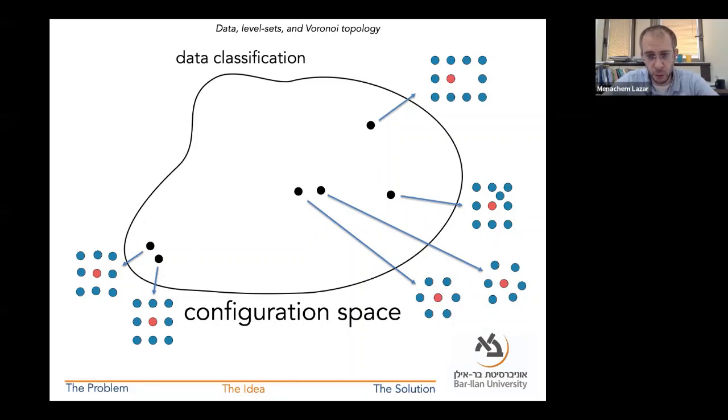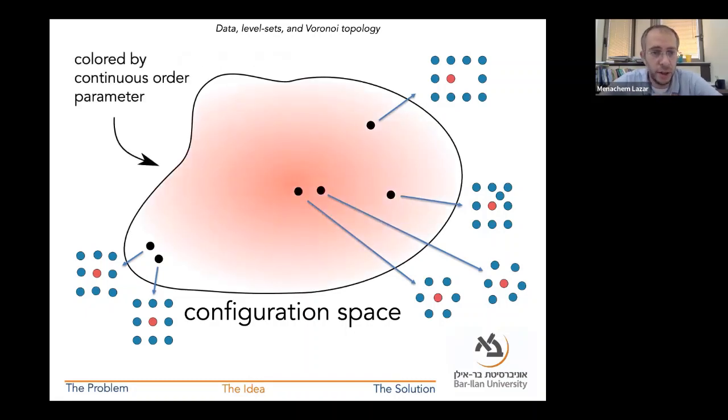Right. So when we start off, we just have tons of numbers, maybe even a configuration space where we can think about, and we have this real valued continuous order parameter. So everything I told you about before, the centrosymmetry and looking at the variance, those are continuous functions in the coordinates of these neighbors. So you can think about these functions as some way of coloring this space.